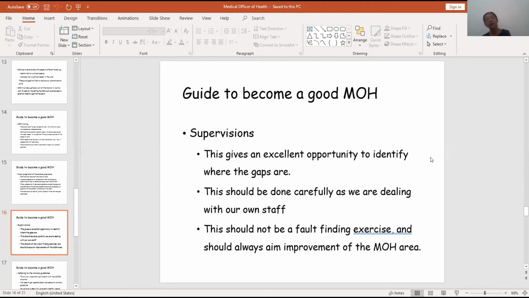Usually we do technical supervisions, but as a MOH you can do administrative supervisions as well. As a MOH, we are supposed to do at least 6 supervisions per month. If you are planning your advanced program, each and every MOH could do 6 supervisions without difficulty.